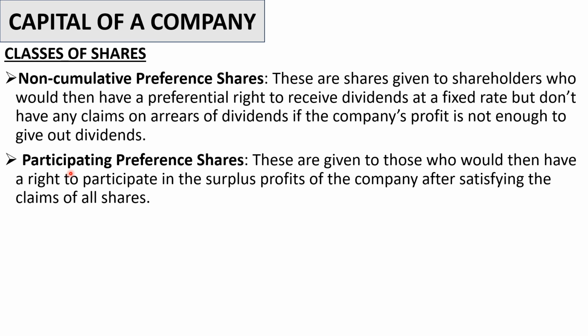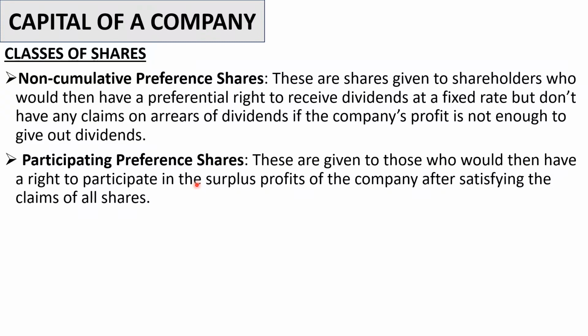Then there's also what is called a participating preference share. These are given to those who have a right to participate in the surplus profits of the company after satisfying the claims of all shares. So with the participating preference shares, when the company has made a good profit, first they receive the normal dividends they're supposed to receive.